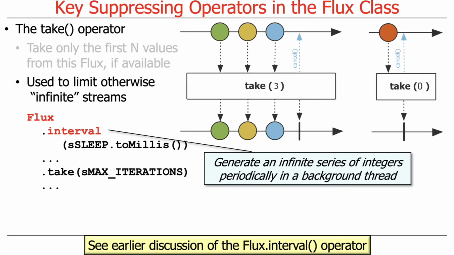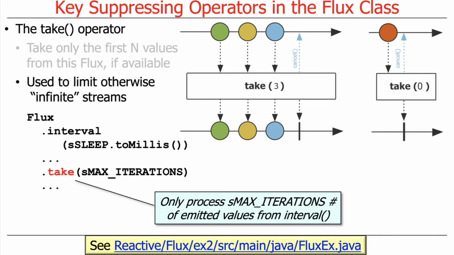As you might expect, because you've seen this before, we use things like take to limit otherwise infinite fluxes. So here's an example where we would normally generate an infinite series of integers periodically in a background thread using interval, which we just talked about. But in this case, we're going to bound that, so we only take S-max iterations of these things.